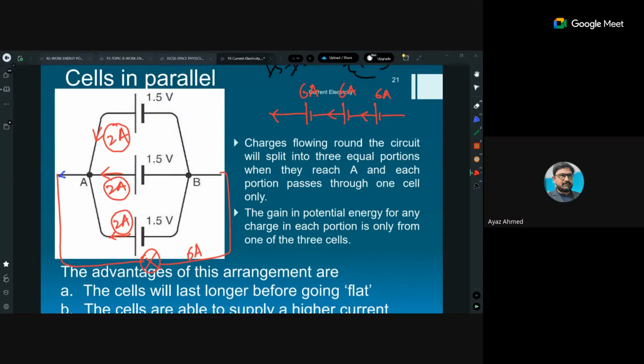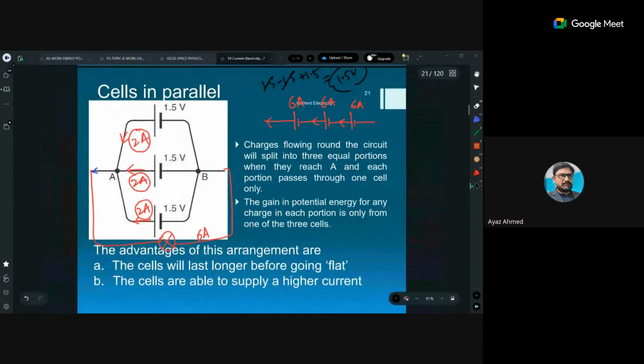Every battery is not delivering 6 ampere current. So they divide the current amongst them, and that is why it takes more time for the batteries. So that is why I have written one point, that the cells will last longer before going flat or before dying. The cells are able to supply the higher current for a long time.